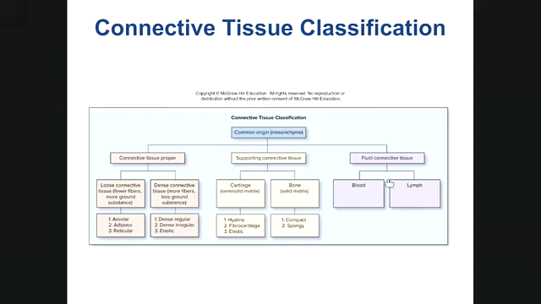The fluid connective tissue is blood and lymph, and I will talk about them later in this chapter. The blood is circulated in the blood vessel, and the lymph is in our lymphatic vessels. The lymph is actually the extracellular fluid at the capillary network.